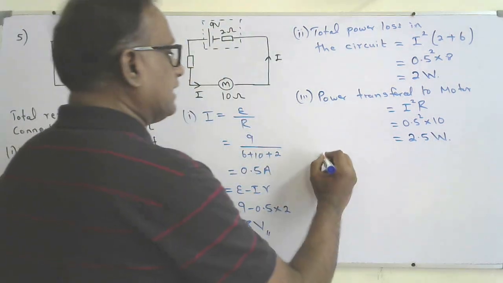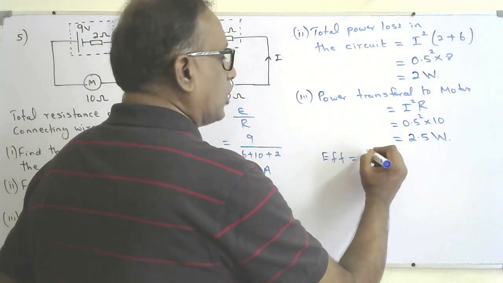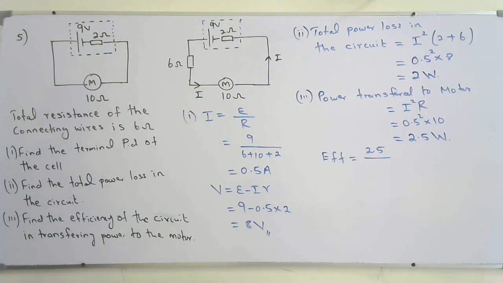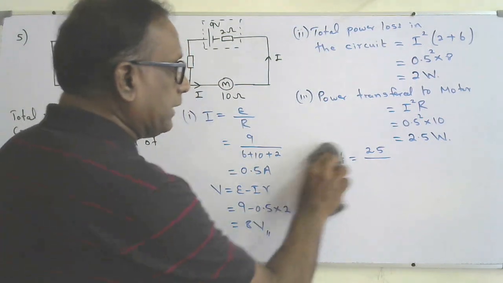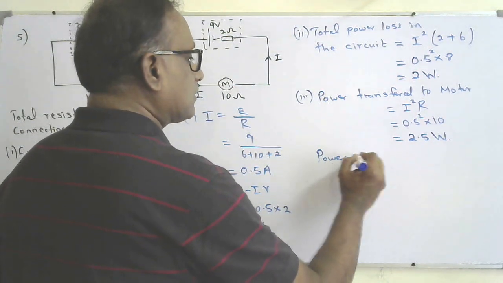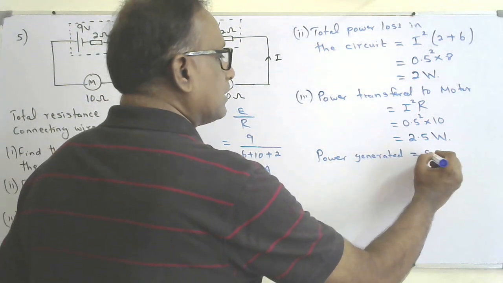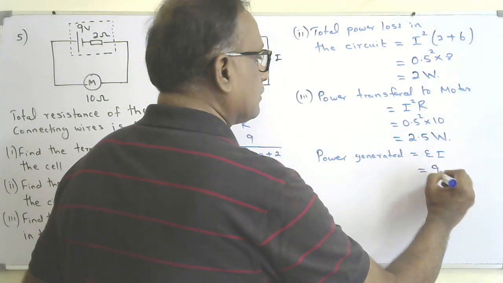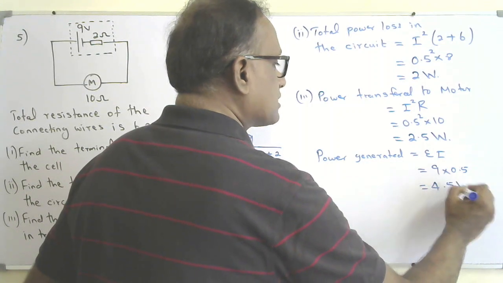So efficiency of the circuit: useful power output to the motor is 2.5. I need to find the power generated by the cell. That will be EMF times I. So the EMF is 9 into 0.5, that is 4.5 watts.